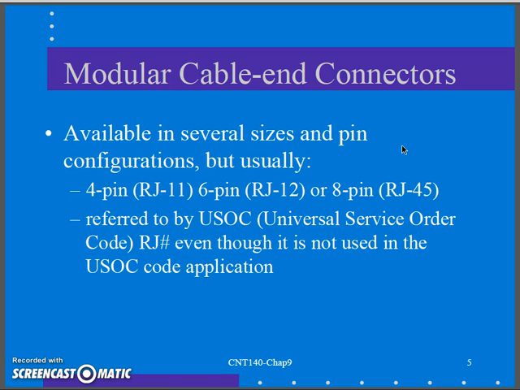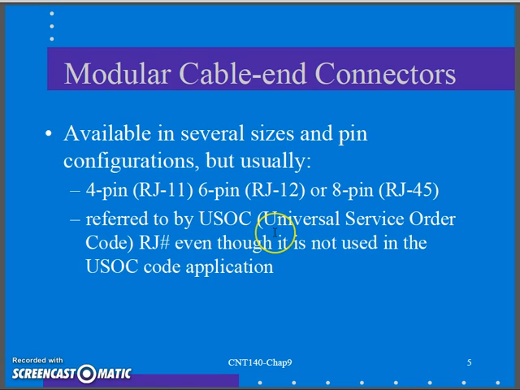First thing the chapter mentions is our modular cable and connectors. They come in a number of configurations. We're focusing mainly on twisted pair, so we're going to be looking at what we would call RJ, but before we dig into that, they actually do come in a couple different configurations. 4-pin, which is typically called RJ11, 6-pin, which is typically called RJ12, and our 8-pin that we would use for data connections, what we would call RJ45.